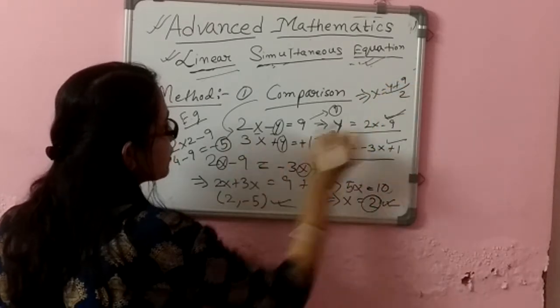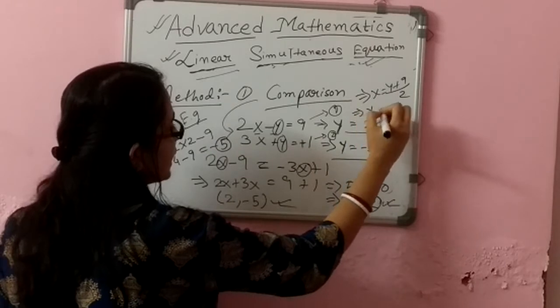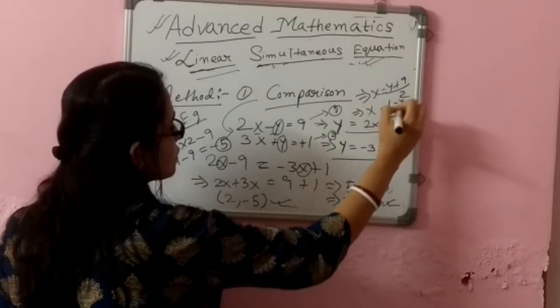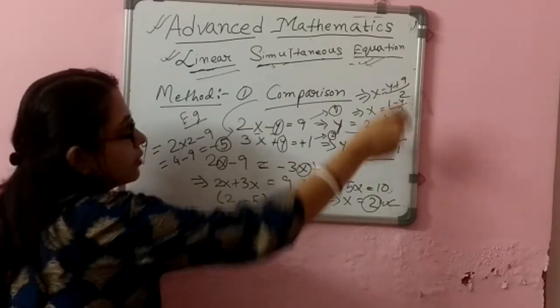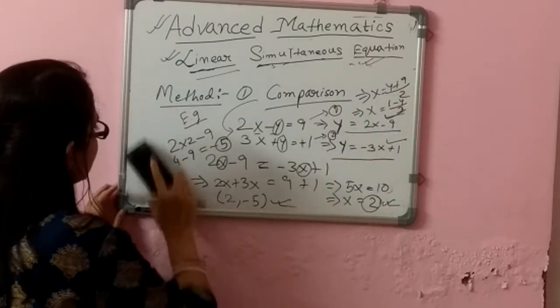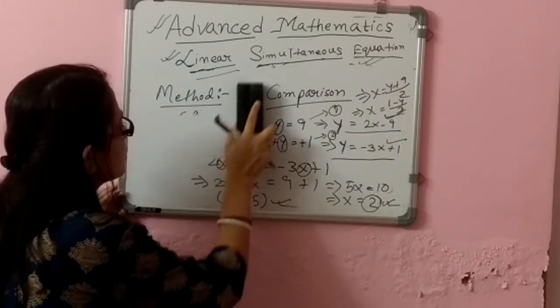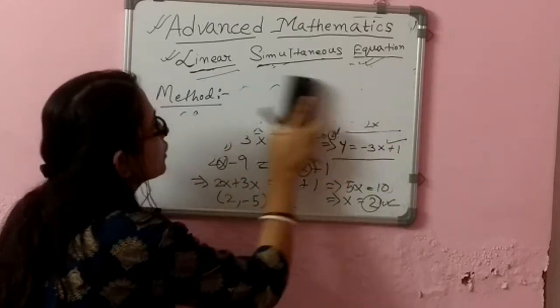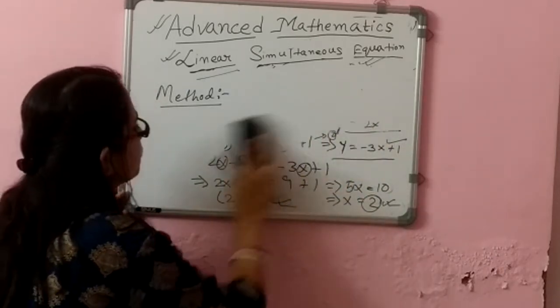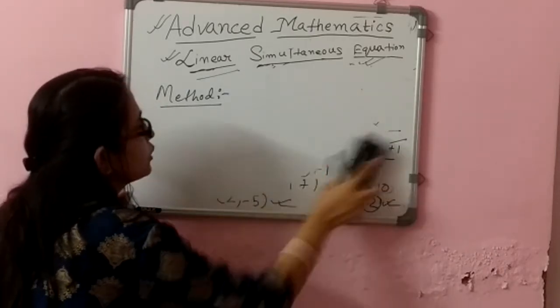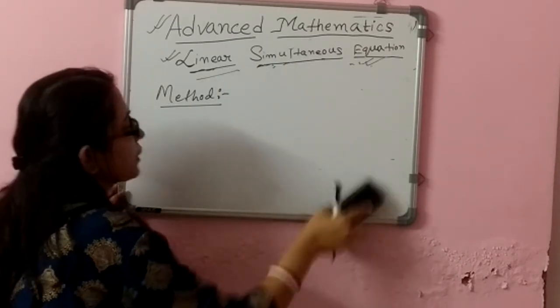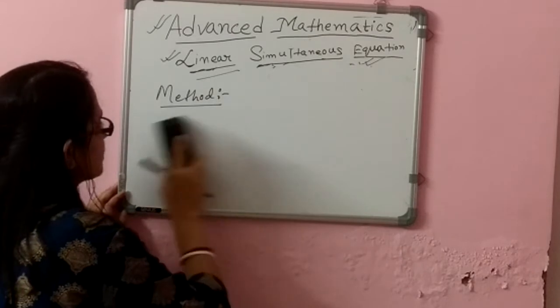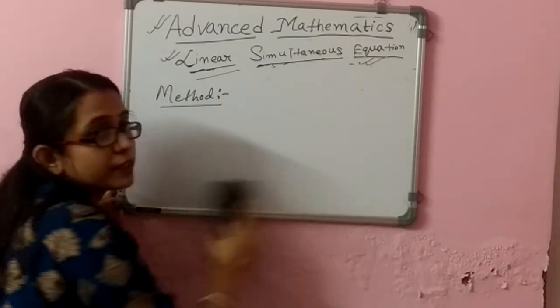Then from the second equation we could also have written x equal to (1 minus y) divided by 3. But it's all your choice which variable value you write and compare, either x or y. I have done it with y in this example.